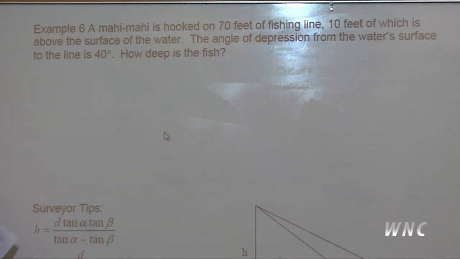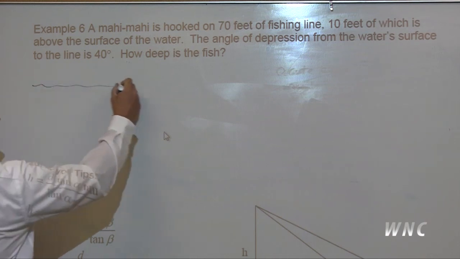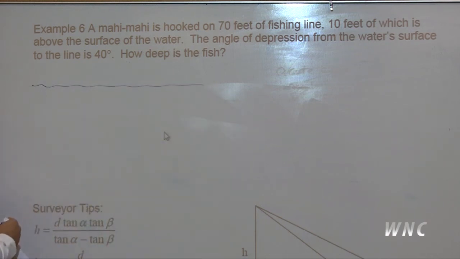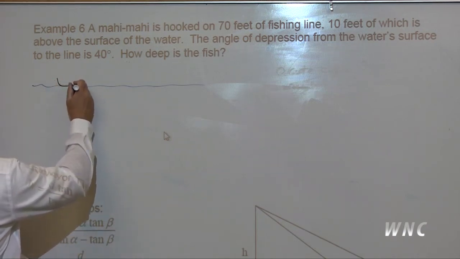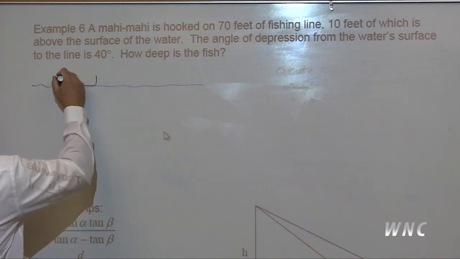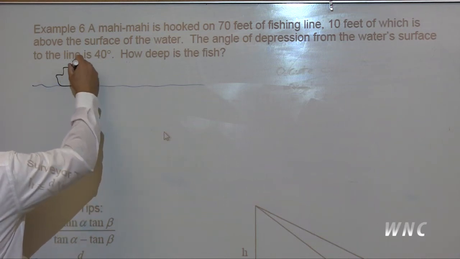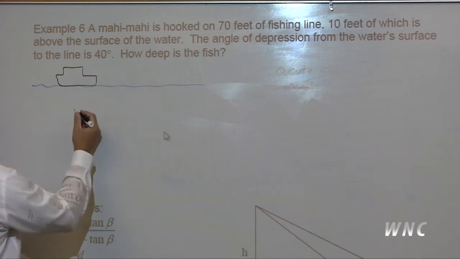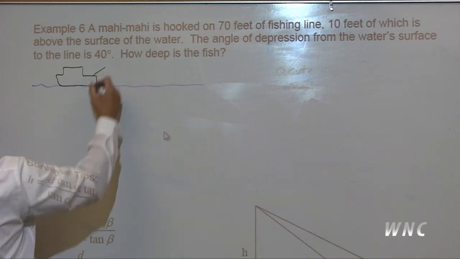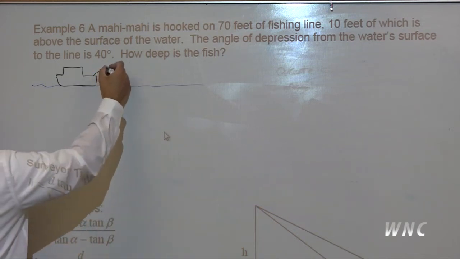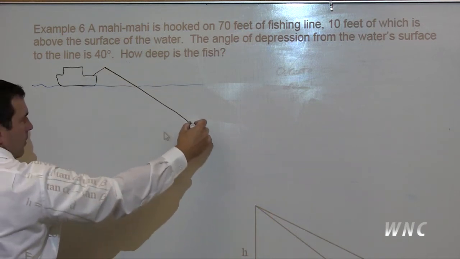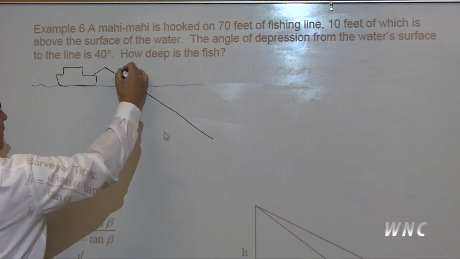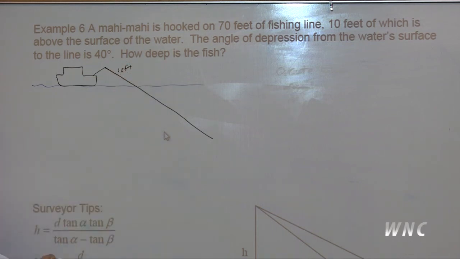So we have the water here, and let's put our boat here in black. Now out of the back someone's got a fishing pole, and it's got a line that goes down to the water. 10 feet of the line is up here.